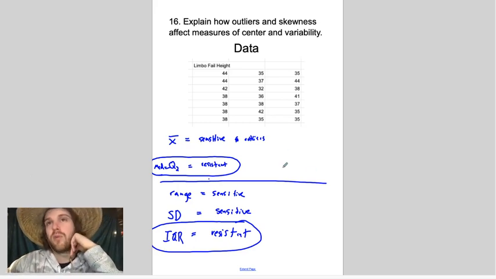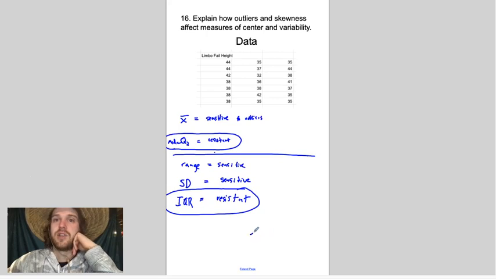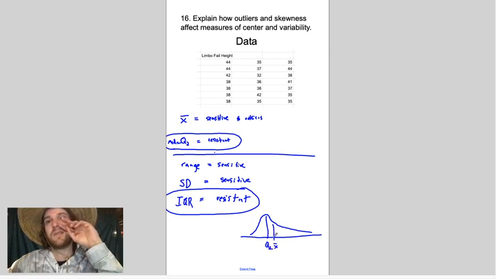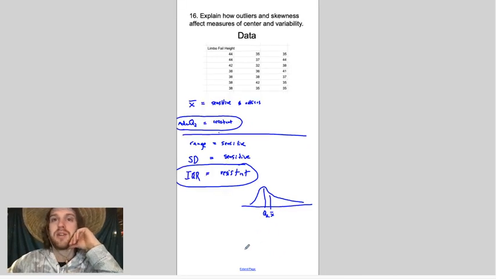And one thing that's really important here is when you have data that is skewed like this, in this case, the median is over here. So here's maybe Q2. The mean gets pulled to the right. So the mean ends up being higher than the median when the data is skewed to the right. It pulls the mean to the right.